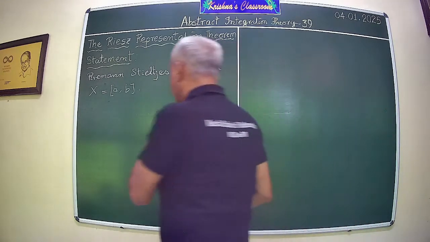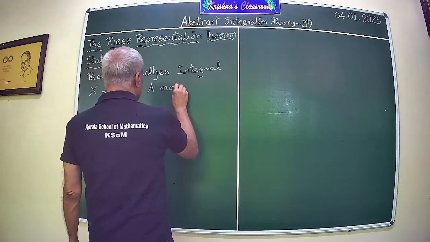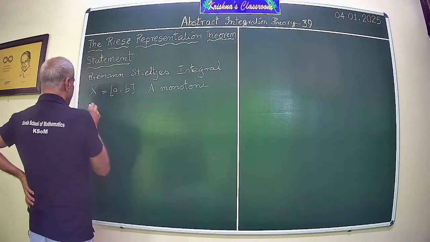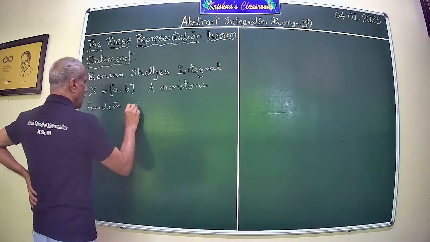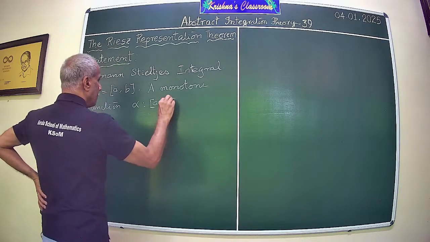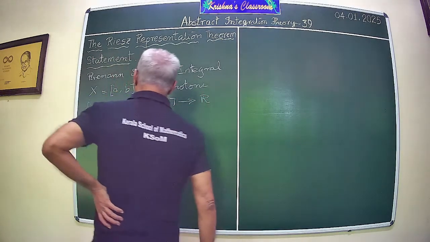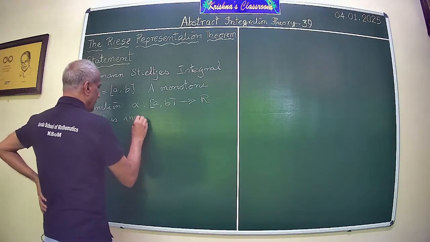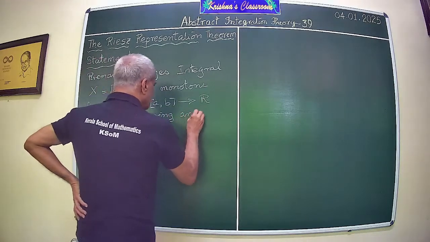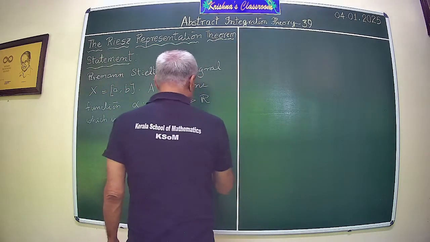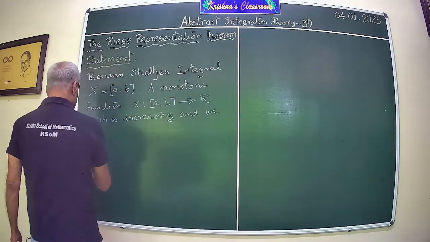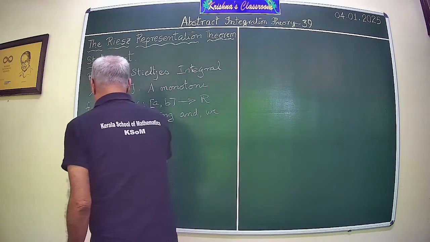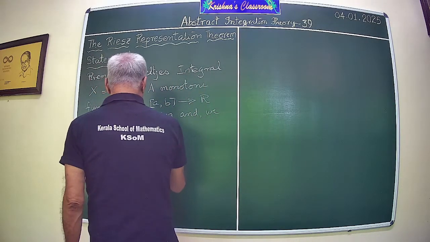Now we define a monotone function alpha to R which is increasing, and we shall assume that, in fact we can relax this condition, assume that alpha is continuous.